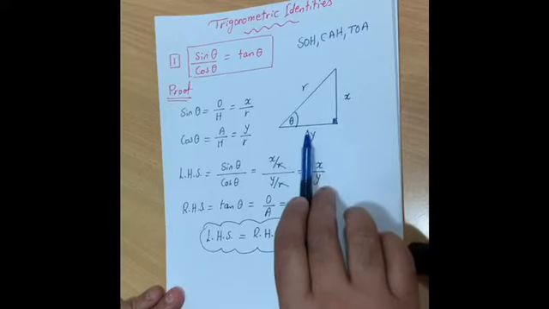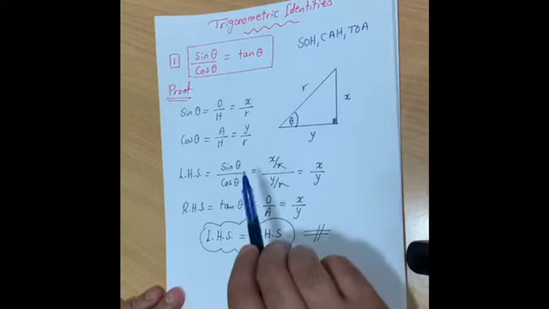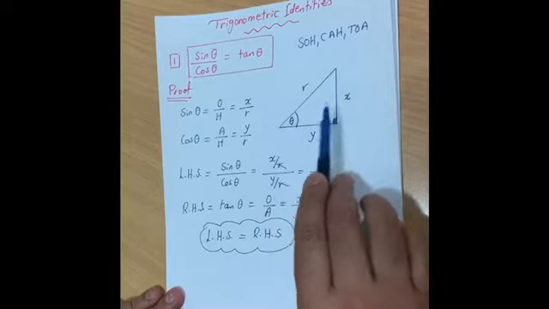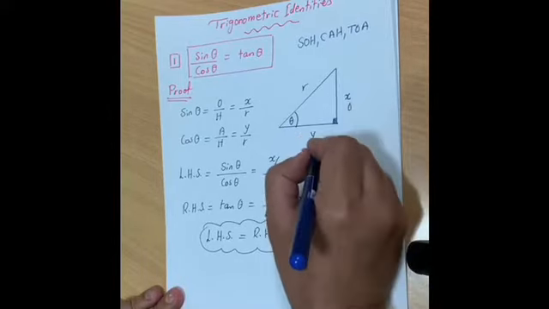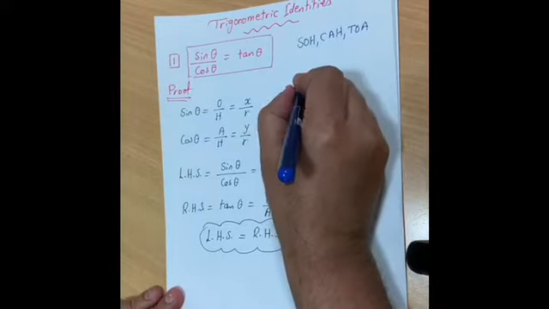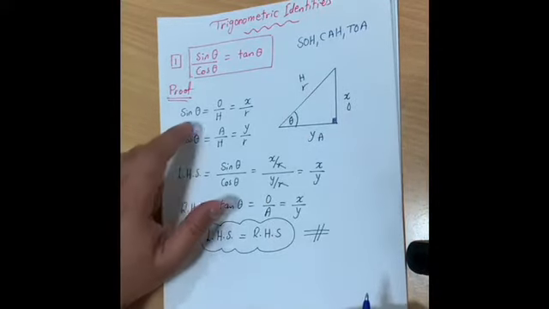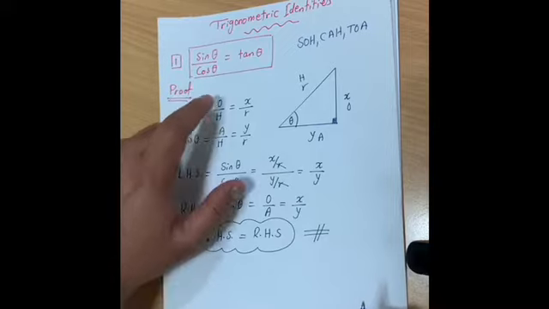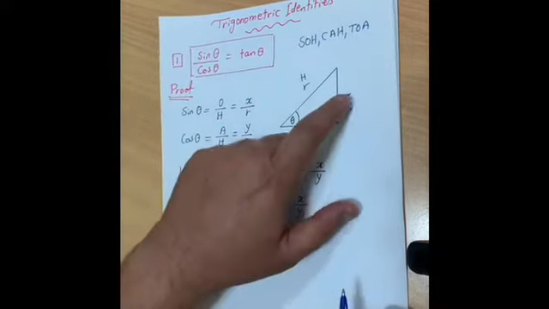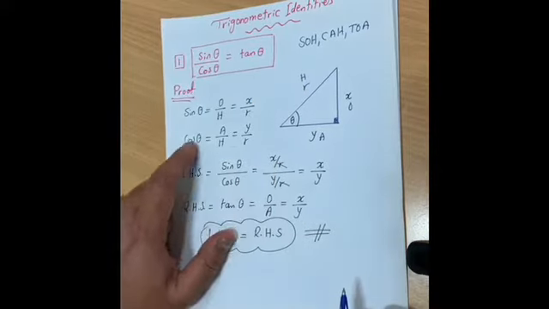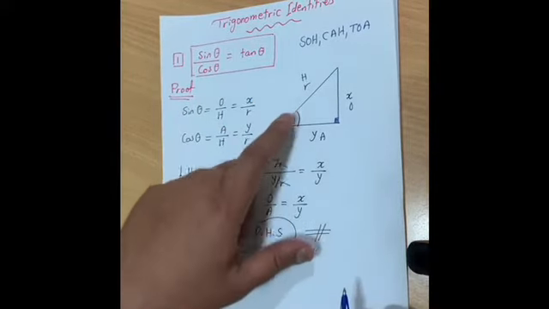This side will be the opposite and this side will be the adjacent. Anyway, this angle, so this is opposite, adjacent, hypotenuse. O, A, and H. So sine theta is equal to O over H, which is equal to X over R, opposite over hypotenuse. Cosine is A over H, which is Y over R.